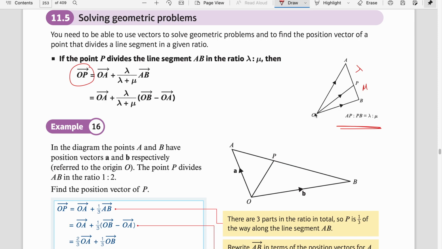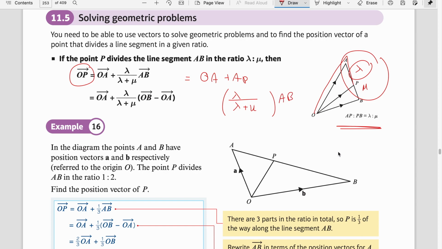OP is OA plus AP, and we know AP is lambda by full, lambda plus mu, of AB.